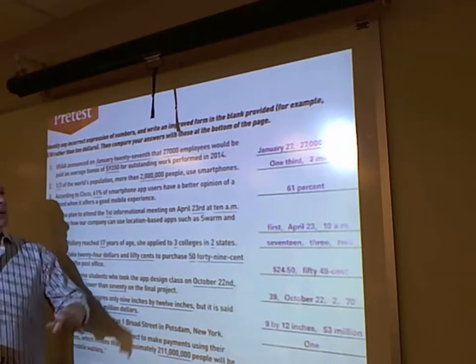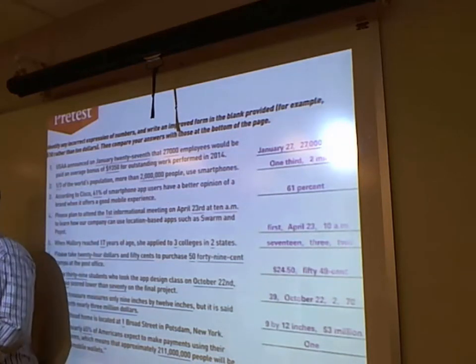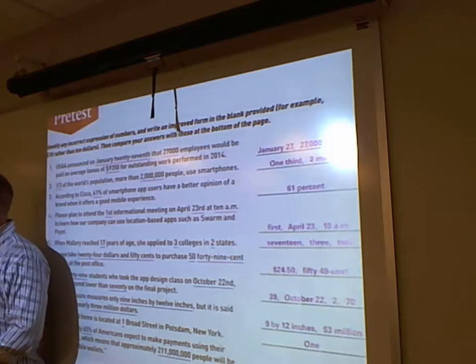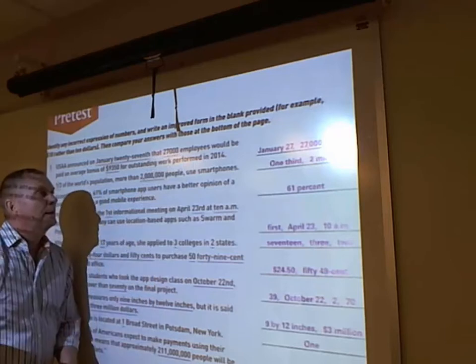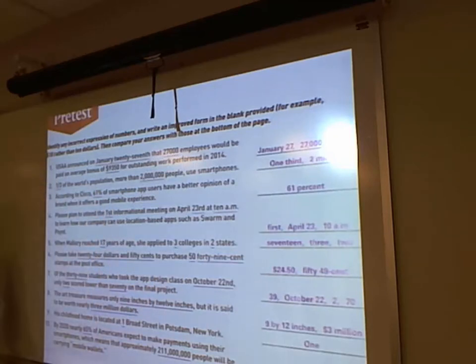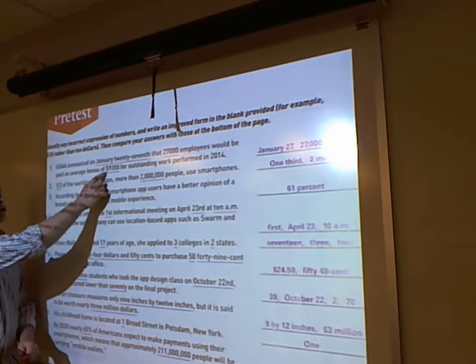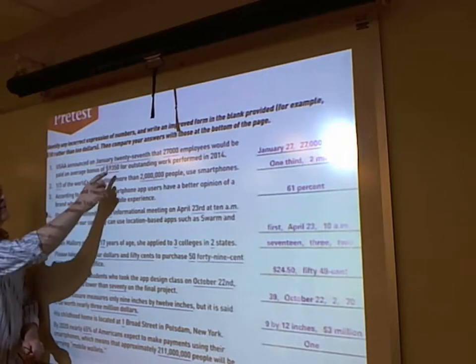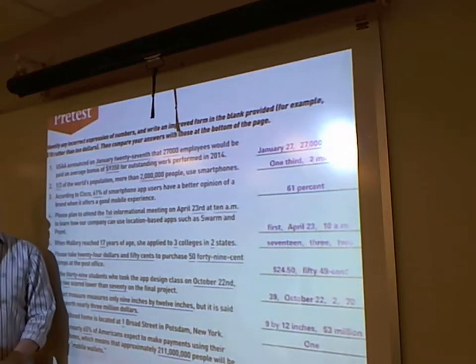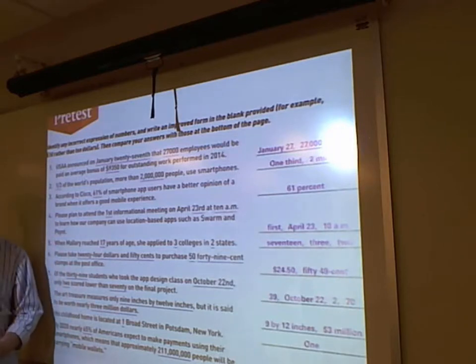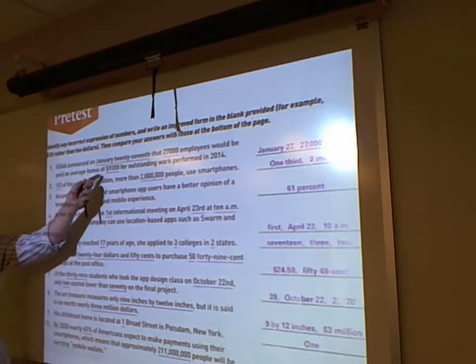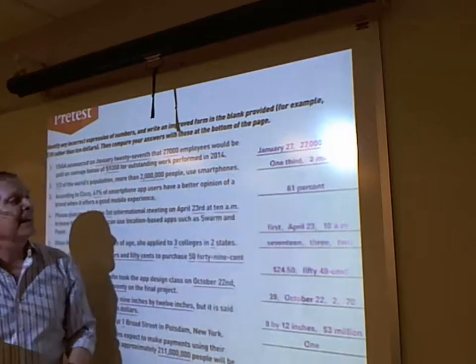With 27,000 employees, the thousands needs to be separated with a comma. So it's 27,000 employees would be paid an average bonus of $93.50 for outstanding work performed in the year, which does not have a comma in it, so it's 2014. So there's your correction over there on the right-hand side.